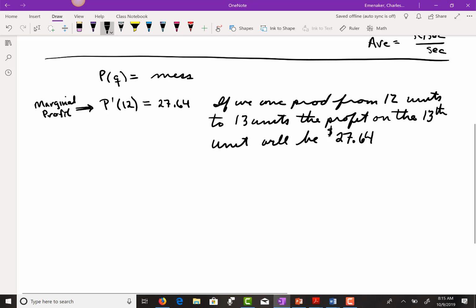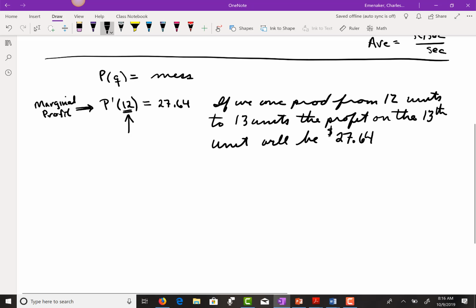First, when we're computing a marginal profit, for example, I asked you, what would be the profit on the 13th unit? Well, to look at the profit on the 13th unit, we have to start at the 12th and move in the direction of the 13th, don't we? Does that make sense to everybody? So what we're going to do is we'll evaluate the marginal profit at 12.